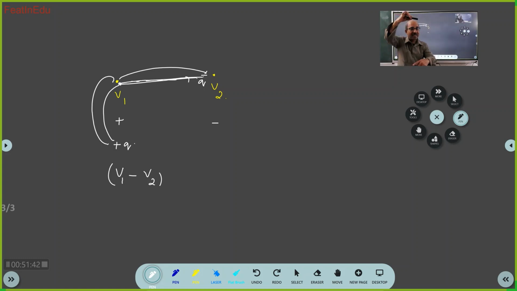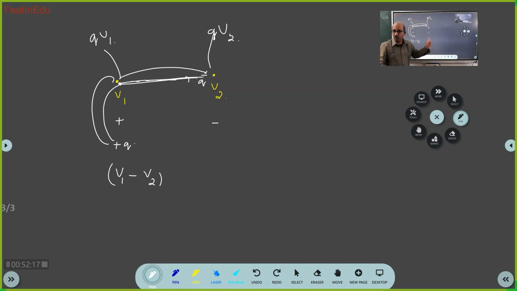Now, what is the change in the energy of this body? Here it is mgh1, and at this point it is mgh2. This is h1 and this is h2. mgh1 minus mgh2, what is this? The difference in the energy. So this charge had energy qV1 here, and when it reaches here, this same charge will have energy qV2.